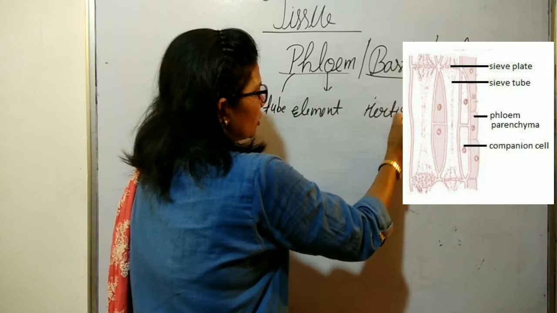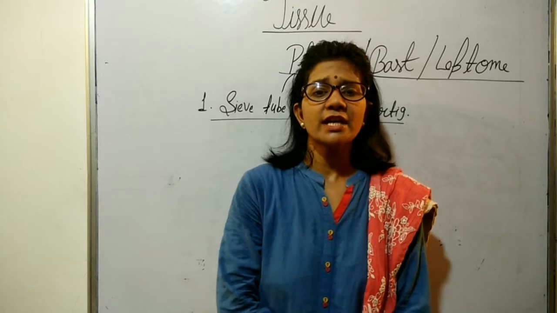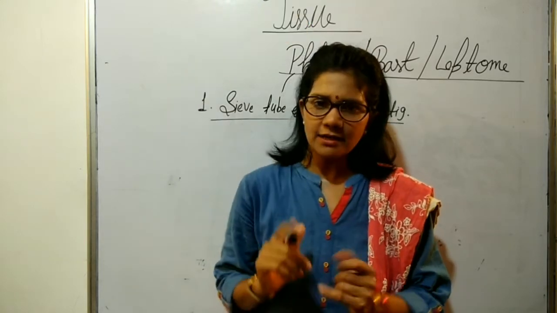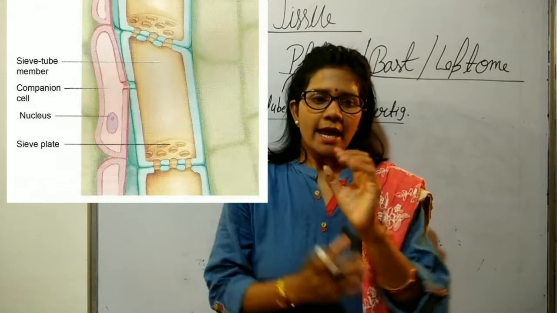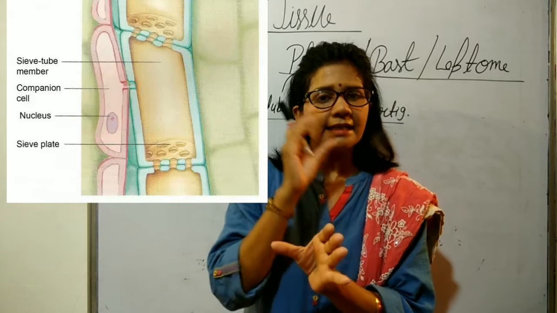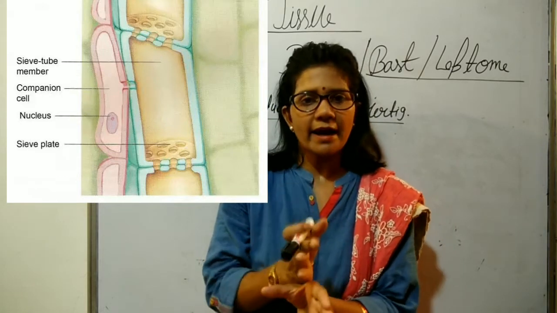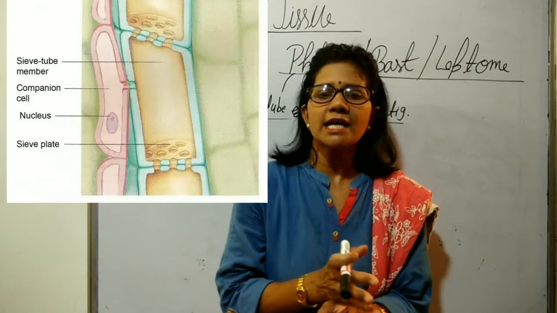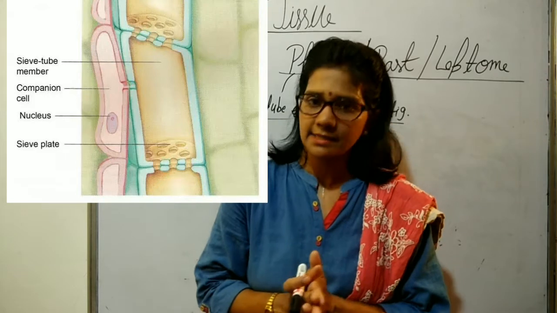So let me tell you about its structure. It is an elongated cell. First, these cells always occur in association with the second component, which is known as the companion cell.